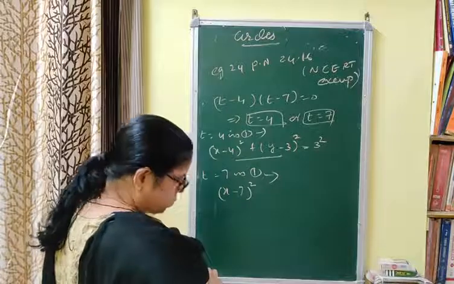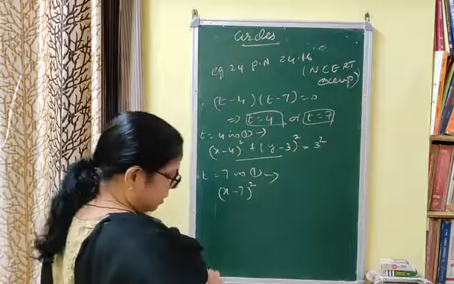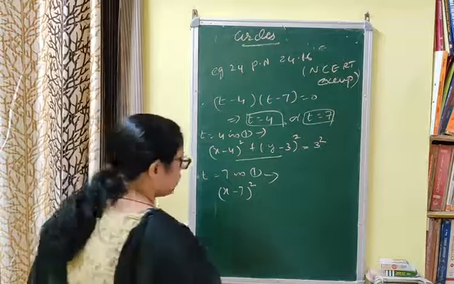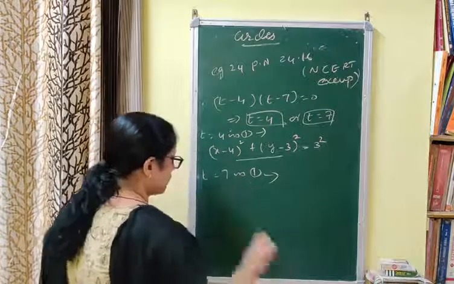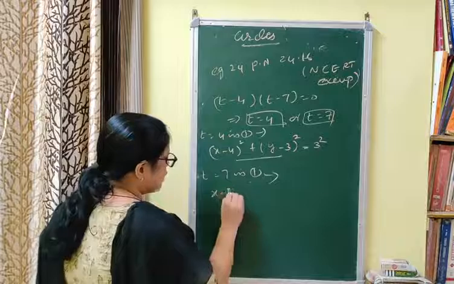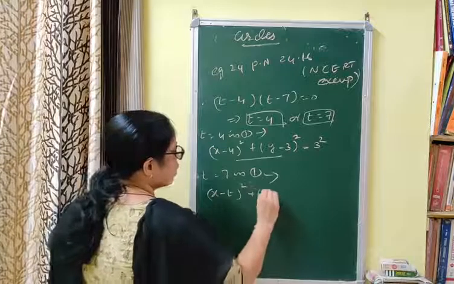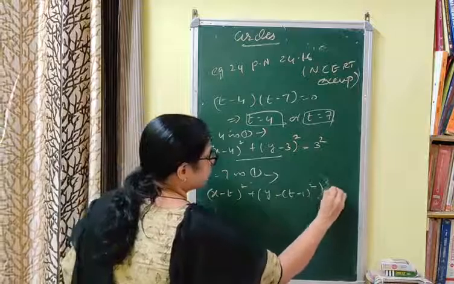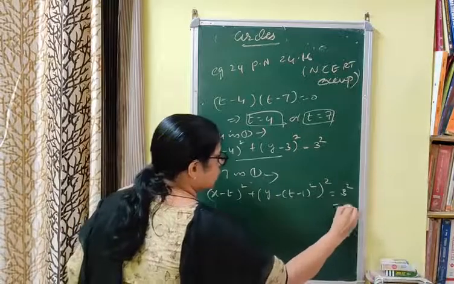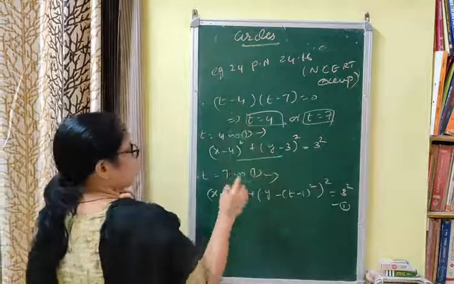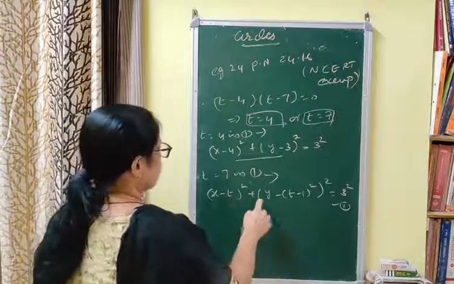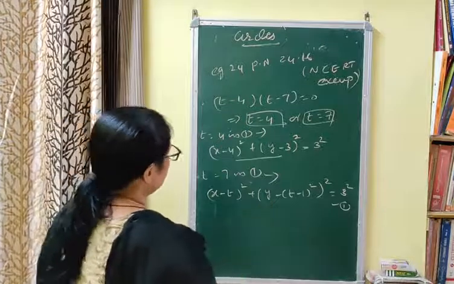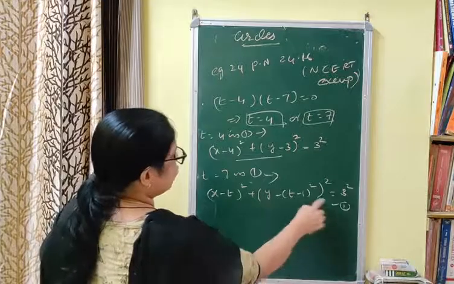Equation 1, once more I am explaining: first, equation 1 is (x minus t) whole square plus (y minus (t minus 1)) whole square is equal to 3 square. This is equation 1. In this, I put t equal to 4: (x minus 4) whole square plus (y minus 3) whole square equal to 3 square.